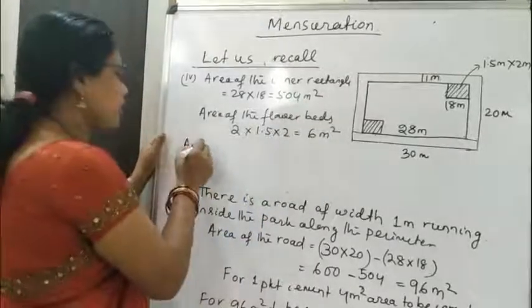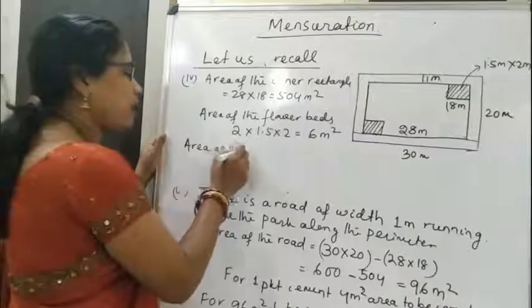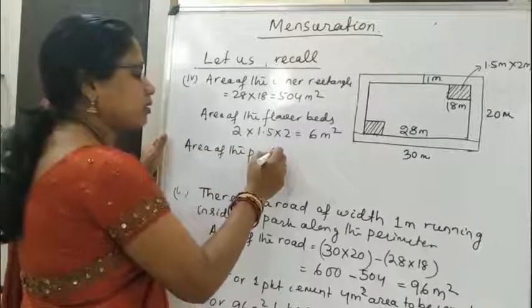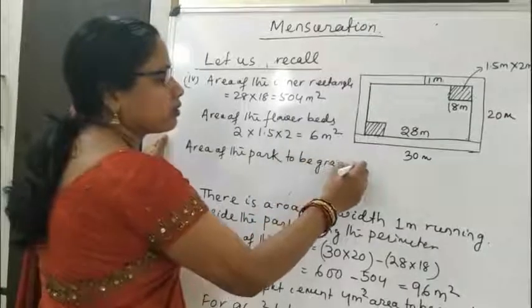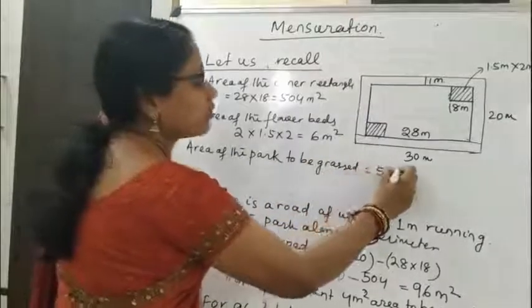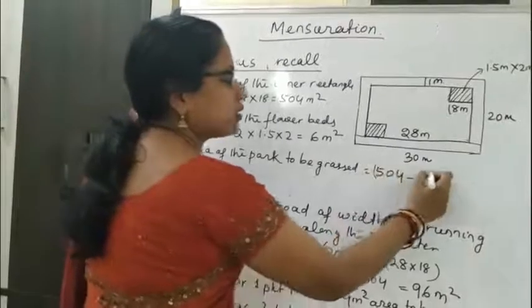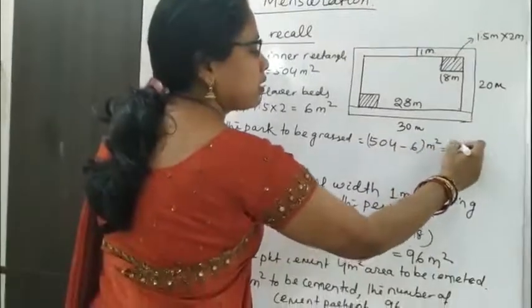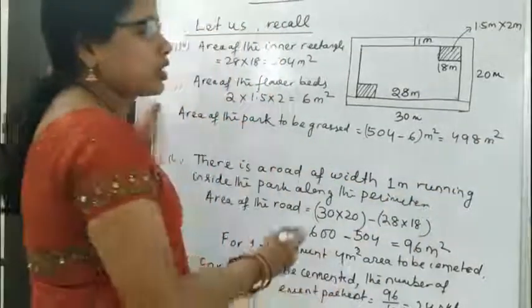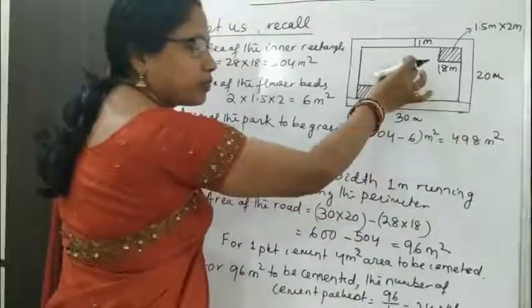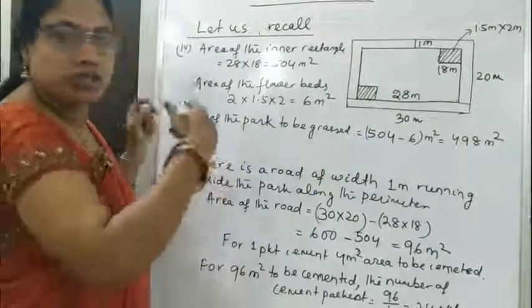So area of the park to be grassed is equal to 504 minus 6 meter square, that is 498 meter square. So this is the area of the internal park which is to be grassed.